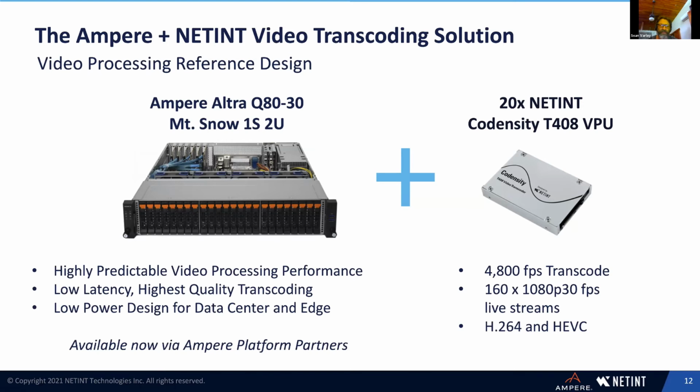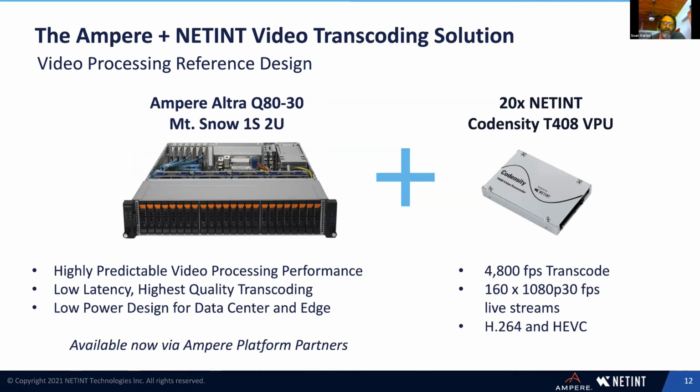Mount Snow has slots for up to 24 U.2 drives, but if you need networking, which most people do, you need to take a couple of those slots back for that networking. So in this particular reference design, we're thinking 20 T408s inside this 2U chassis with the 1-socket Altra yields all of the performance that Mark just showed, up to 4,800 frames per second in transcode and 160 streams at 1080p30.